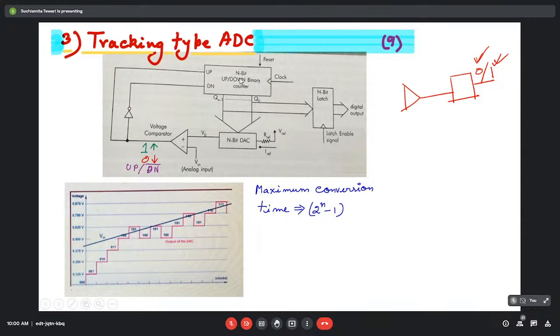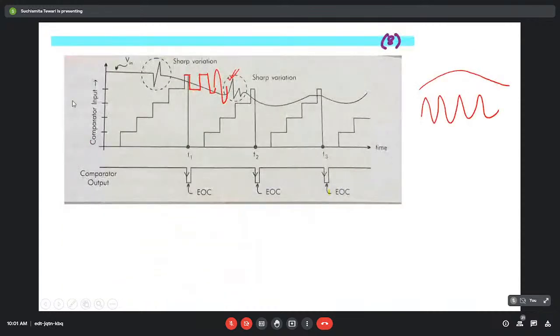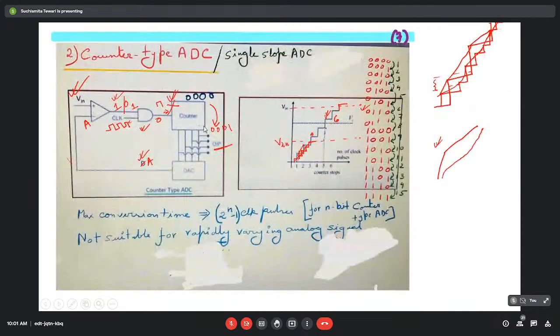So if we know that whatever we are going to convert into a digital signal, that analog signal is very slow varying, and there are no rapid changes or spurious changes in this analog signal, then we would stick to this counter type ADC.